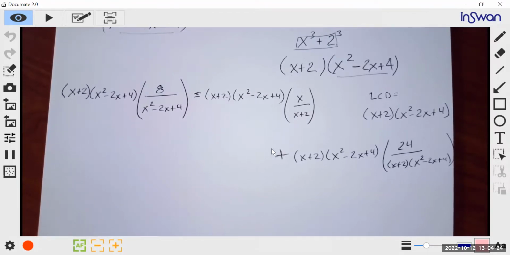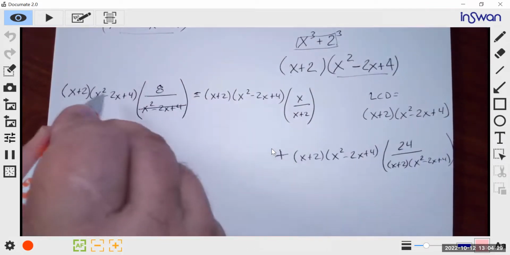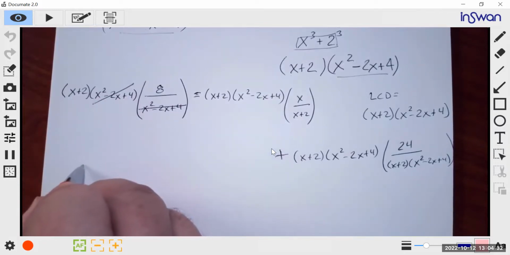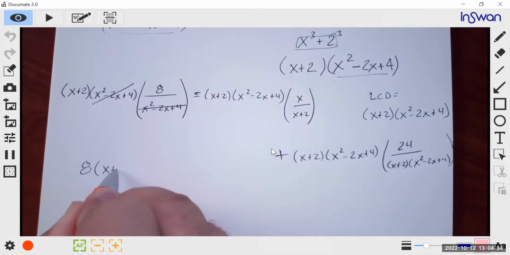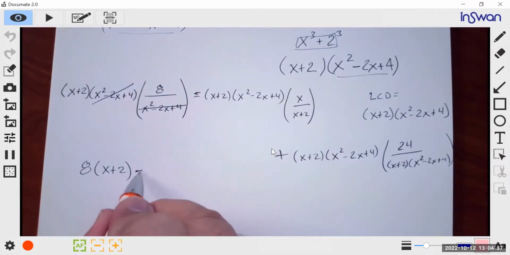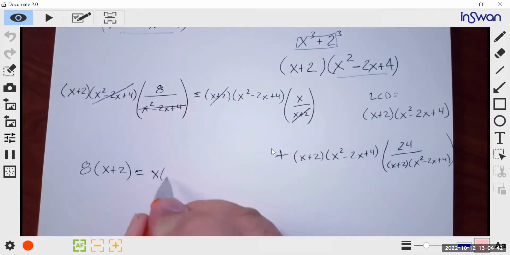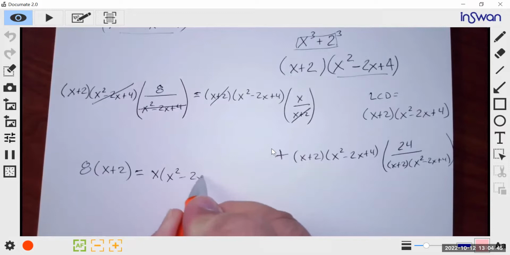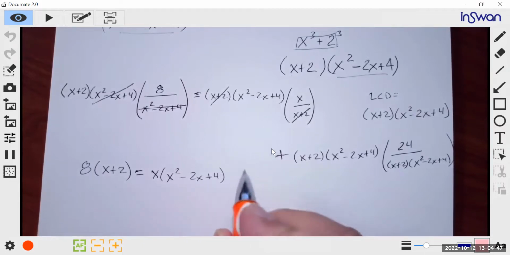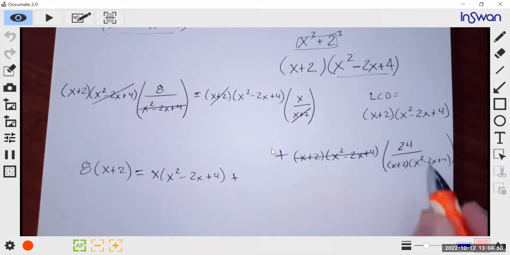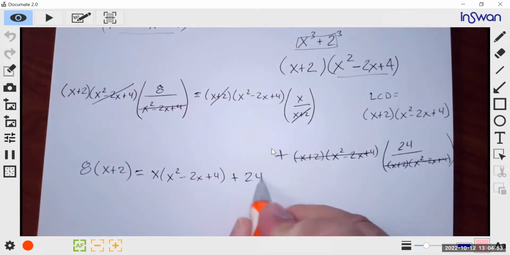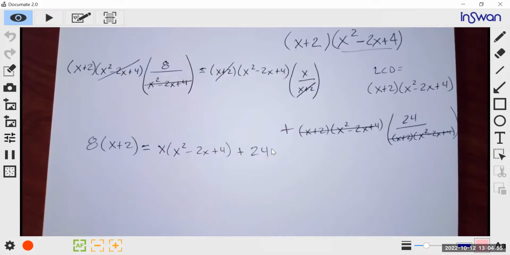So obviously, once we cancel this stuff out, it gets smaller really quick. X squared minus 2x plus 4 cancels, leaving us with 8 times x plus 2 equals, the x plus 2 cancels, x times x squared minus 2x plus 4. All this stuff cancels, plus 24. Yes, it got small really quick.